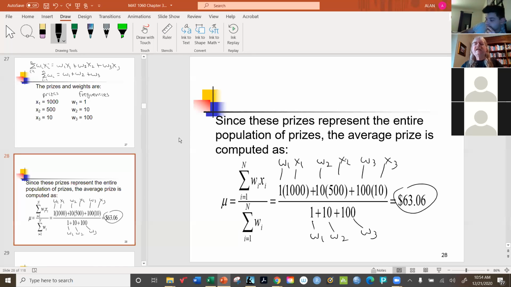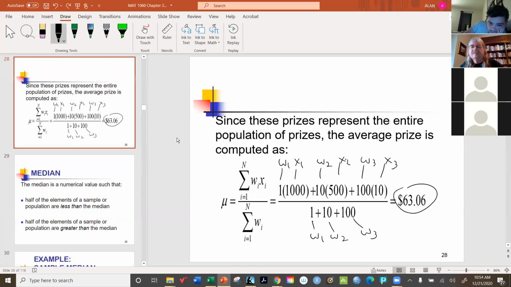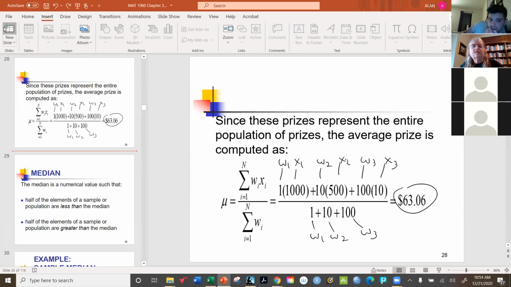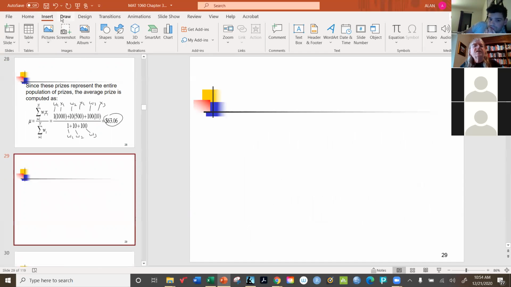We save this though for cases when we have a lot of repeated values, or for whatever reason, adding them up and dividing by the sample size is not appropriate, like with your GPA. Okay, in fact, why don't we do this real fast? Just for the fun of it, because we can.